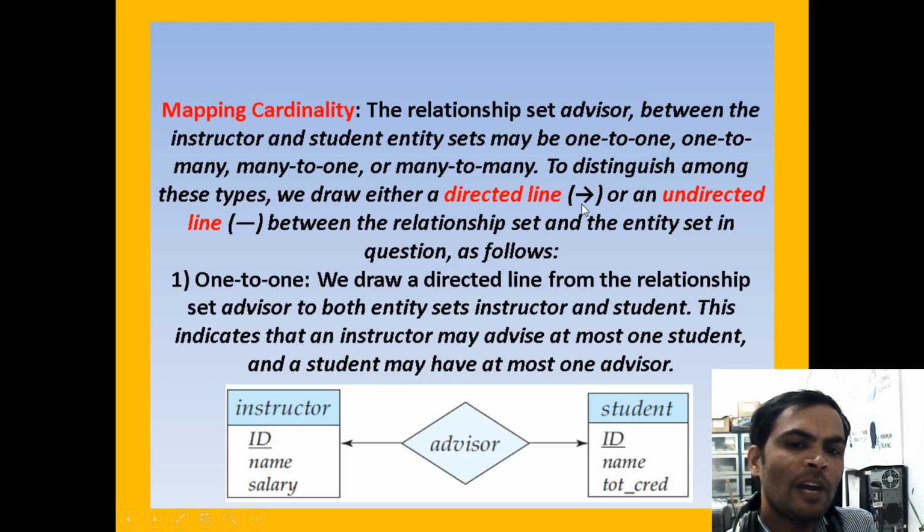If the ending point is there, we should consider it as only a one-to-one relationship. For one-to-one, you draw the direct line from the relationship advisor to both the entity sets, instructor and student. Now see here, under this diagram, instructor and student exist as a one-to-one relationship.